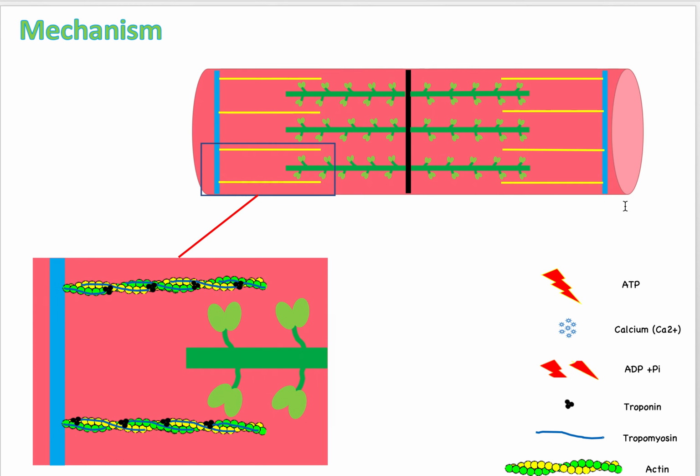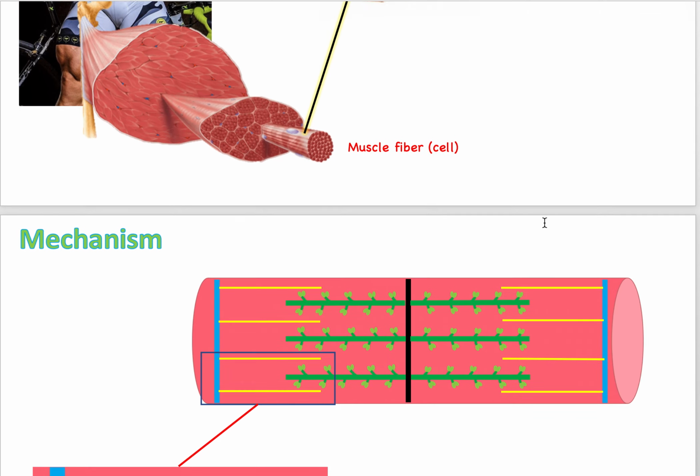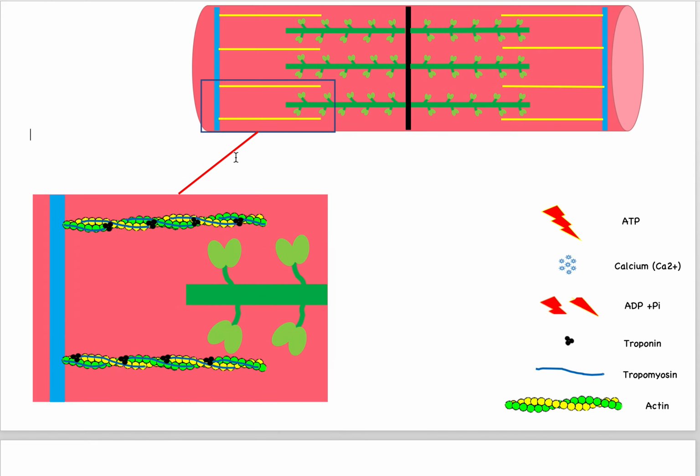Now we're looking at a myofibril. This is one sarcomere, so one section of a myofibril. If we look at this specific section, we can see how it looks in a bit more detail. When calcium comes in, as I just mentioned, it binds to this black thing called troponin.